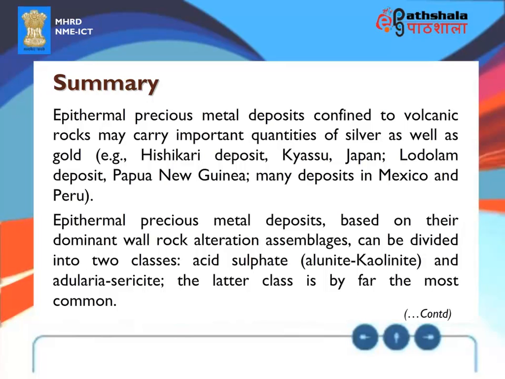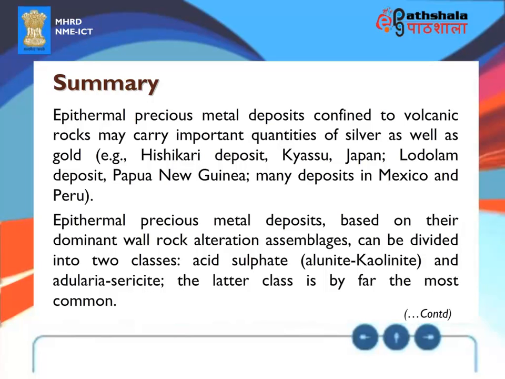Epithermal precious metal deposits confined to volcanic rocks may carry important quantities of silver as well as gold. Example: Hishikari deposit, Japan; Lihir deposit, Papua New Guinea; many deposits in Mexico and Peru.